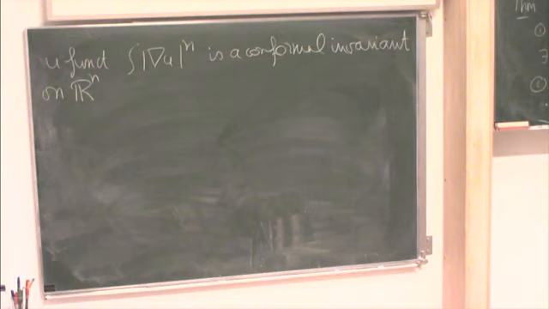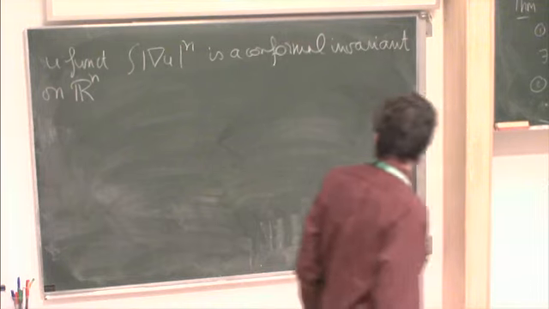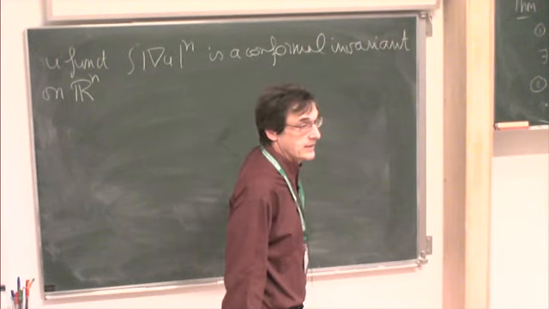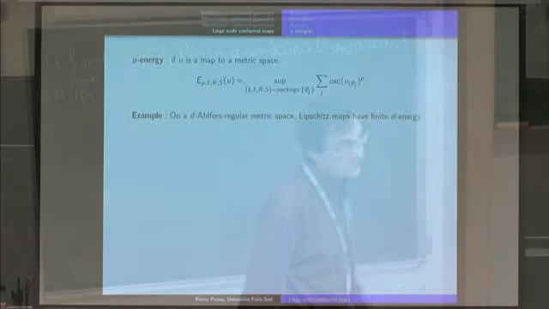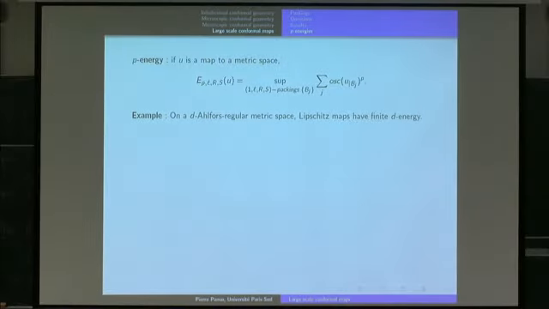So quantitatively, you may ignore all these parameters around, which I will do from now on. Let's do as if we had a well-defined notion of integral of gradient to the p for any function on any space we are dealing with.